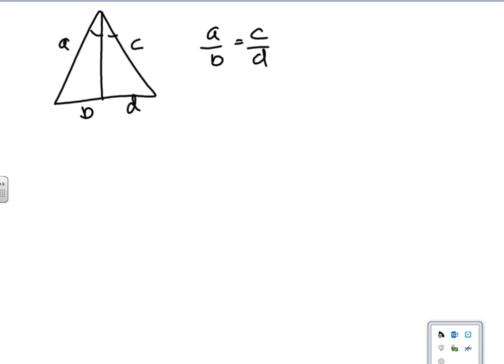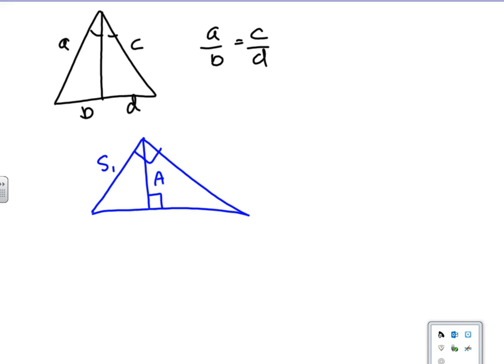All right, and then the last thing, which is probably one of the bigger things, is the relationship that exists when you have a right triangle and then you have the altitude drawn to the hypotenuse. My suggestion is that you really learn how to label these.